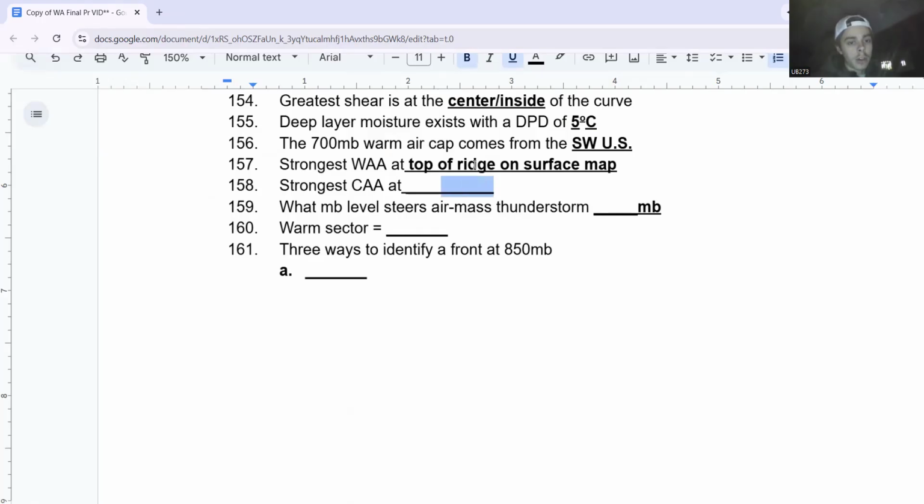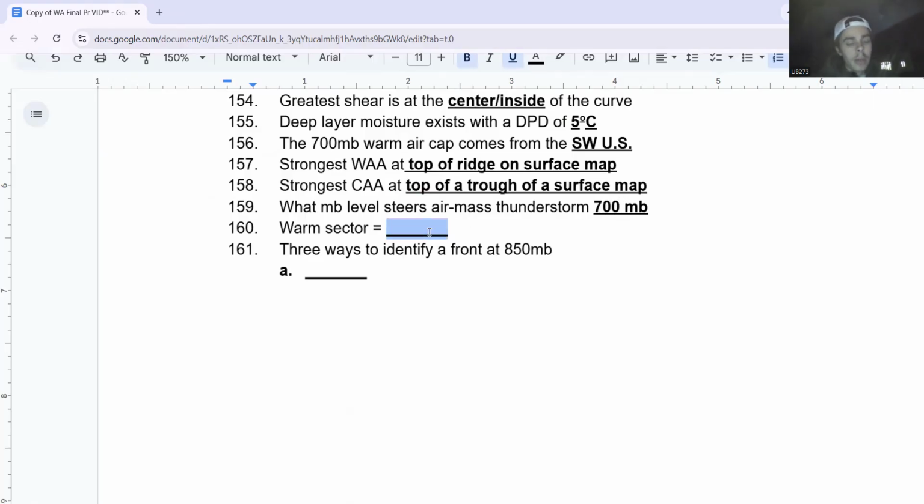Strongest cold air advection is at the top of a trough on a surface map. What millibar level will steer air mass thunderstorms? Remember, convective stuff, that's going to be at the 700 millibar level.